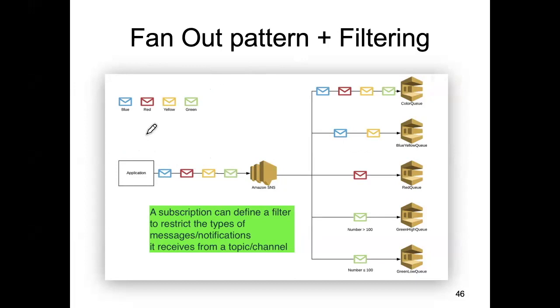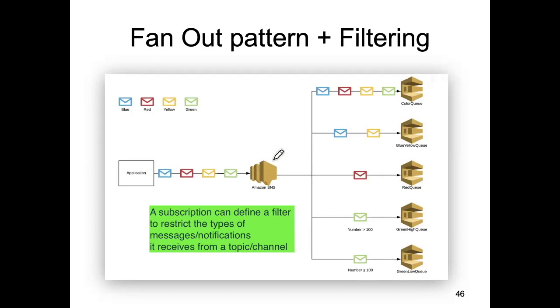You've got different publishers publishing different types of messages, or the same publisher publishing different types of messages. And your subscribers may only be interested in certain messages. So we want to filter out the ones that they are interested in, or in other words, filter out the ones they're not interested in and don't pass those on.